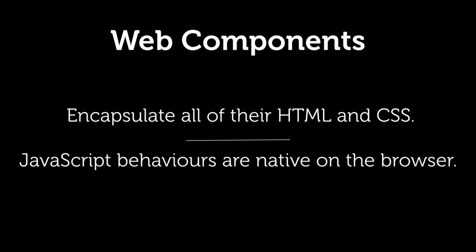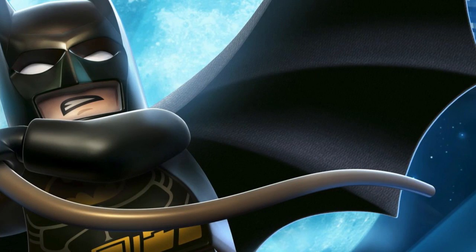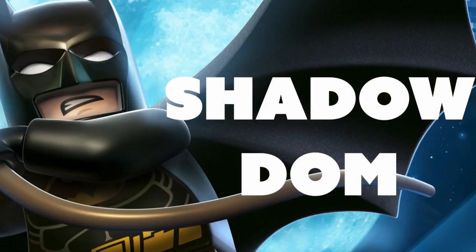So what's really amazing about these new elements is that they fully encapsulate all our HTML and CSS. This means that the styles you write will be displayed as you intended, and the JavaScript behaviors will be native to the browser. But the shadowDOM is by far the coolest one of the 4 of them because it's called shadowDOM, and I love that name. It's a great name to have for a specification.